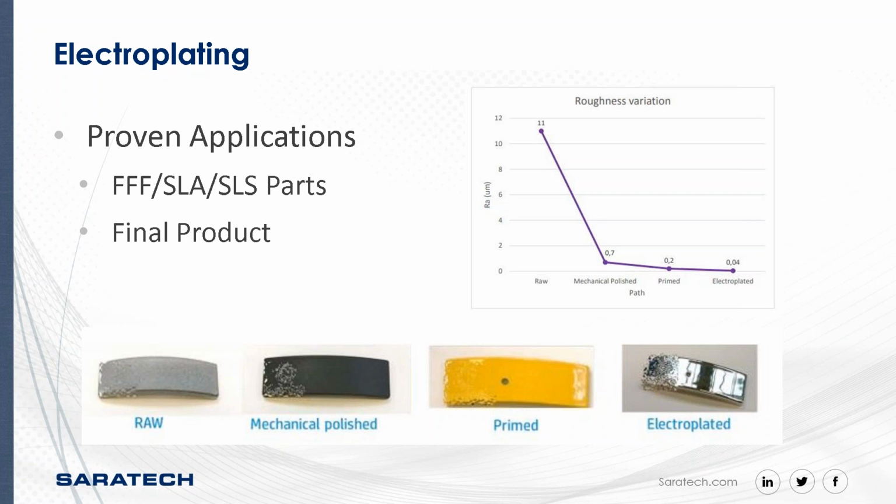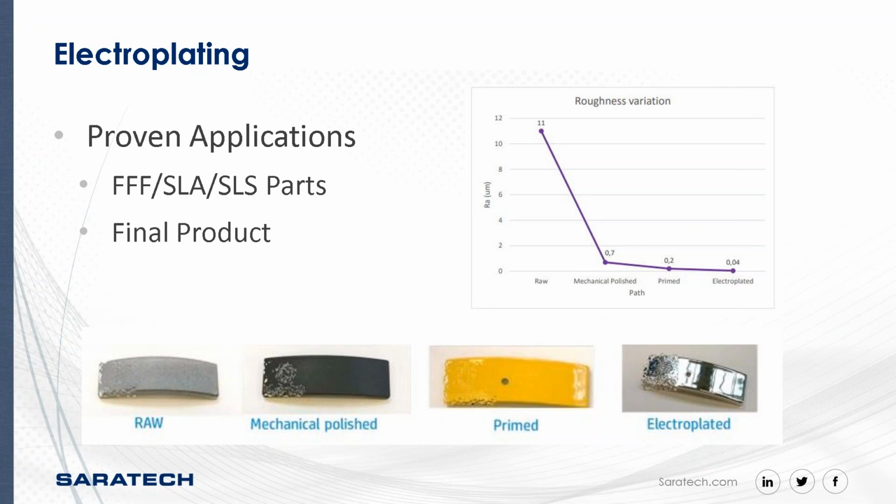The process I've defined here, as you can see from the images of the HP multi-jet fusion parts, will allow the customer to have a mirror surface finish and a roughness average of 0.04. So take a look at the graph into consideration. You can see that between a raw, mechanical, primed and electroplated part, the roughness variation changes from 11 microns to 0.7 to 0.2 to 0.04 of an electroplated mirror-like surface part.